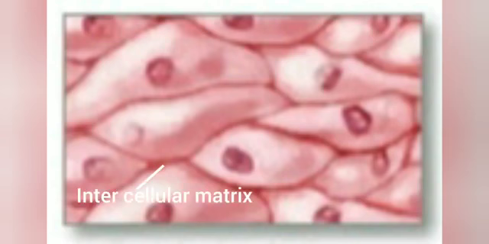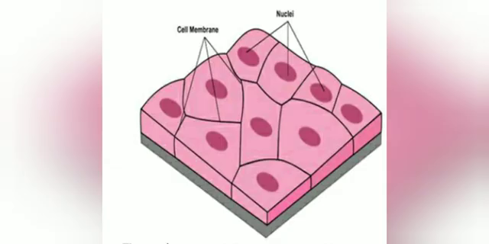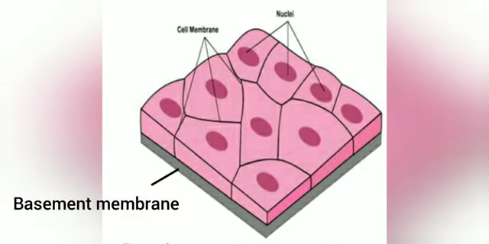If I say intercellular, that means the space between two cells. Inter means in between, cellular means cells. So the cells of this tissue are very compact and they form very little intercellular space or matrix. These cells rest on a non-cellular basement membrane.